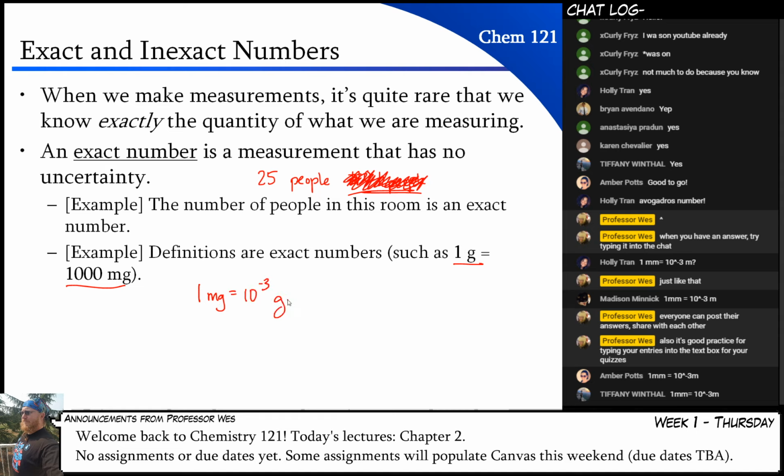From the previous slide. If I were to take both of these numbers and divide by this amount, then this relationship would actually change. If you go to your calculator and you type in 1 divided by, and make sure you put the parentheses, 10 to the minus 3, you actually get this as your result.